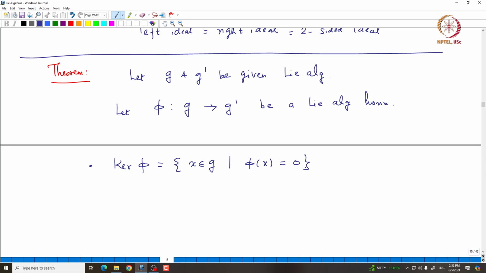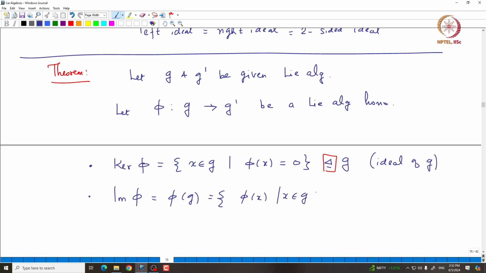So, this is what is called the kernel of pi, and it is easy to verify that this kernel is indeed an ideal inside G. We denote ideals by this tilted triangle. Similarly, we also have the image of pi, or pi of G. This is the set of all pi of x, x in G. So, this is a subalgebra of G dash.